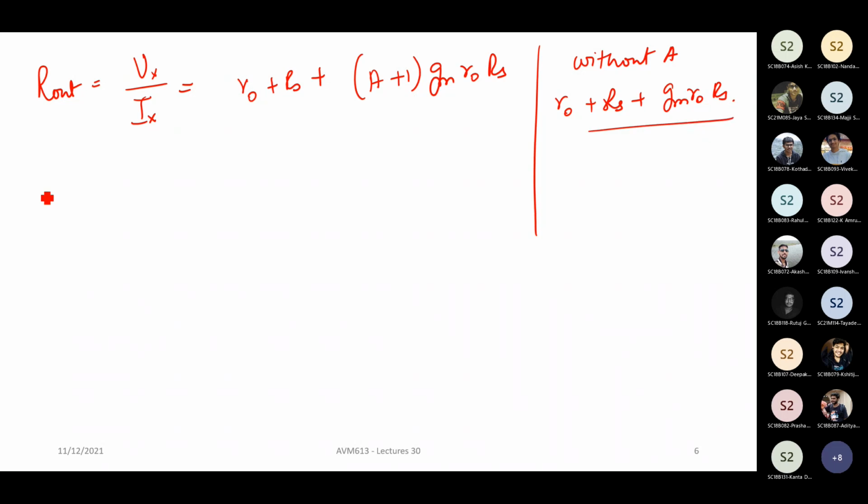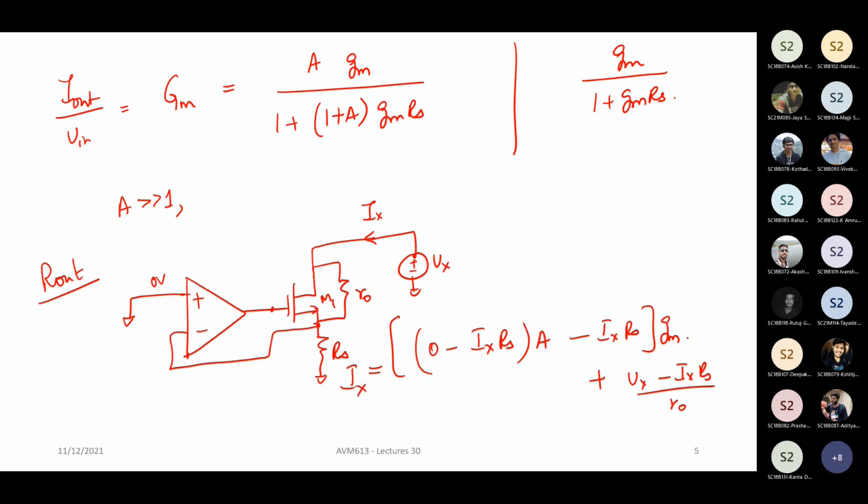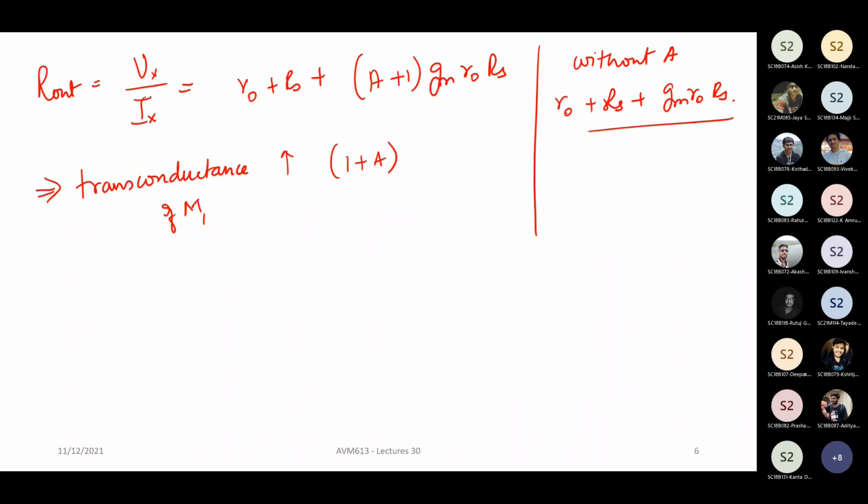Now, if you compare the two, it looks as if the transconductance has increased by a factor of 1 plus A. The transconductance of this transistor, let's call it M1, has increased by a factor of A plus 1.